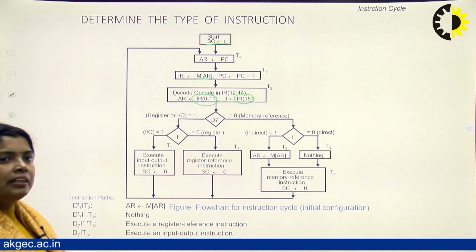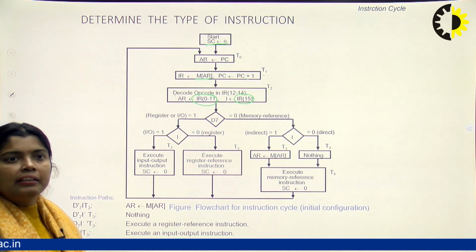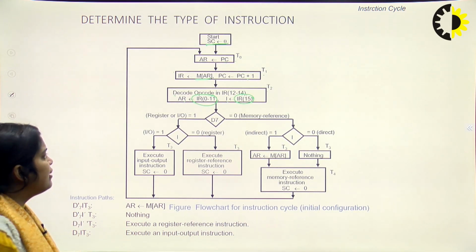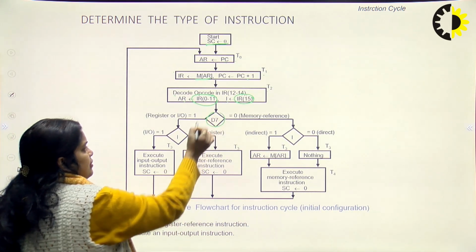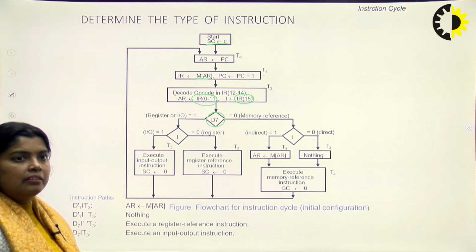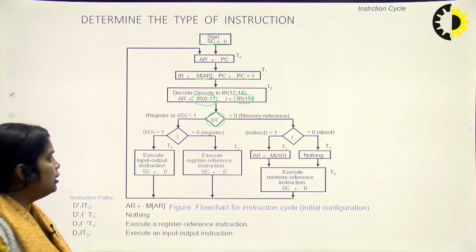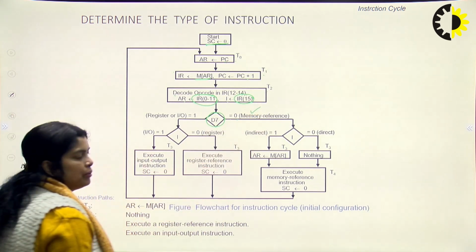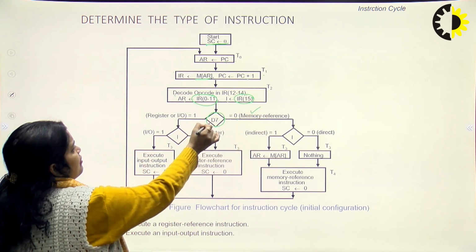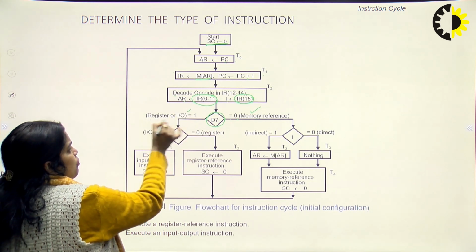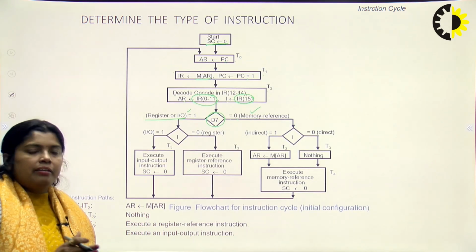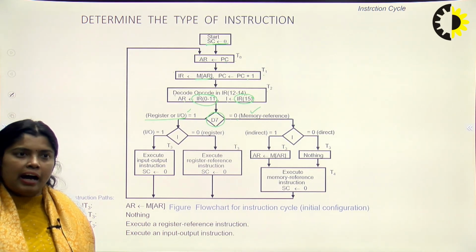Now, after that, you have to determine the type of the instruction. For the type of instruction, we always have to check D7. If D7 is 0, then it is a memory reference instruction, and if D7 is 1, it is possible that it is a register reference or IO instruction.